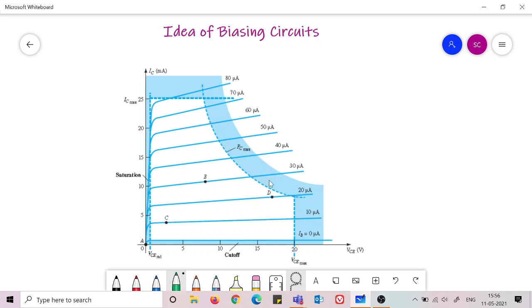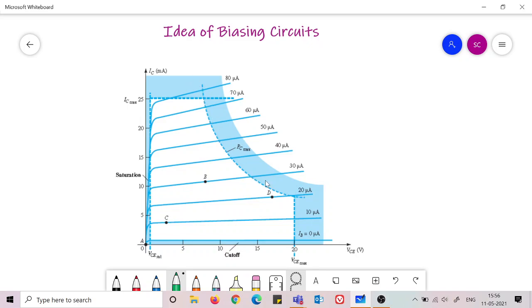With the help of this we can figure out this curve. This is the maximum operating current, IC max, and there is a VCE max. So these are putting the range of this active region.